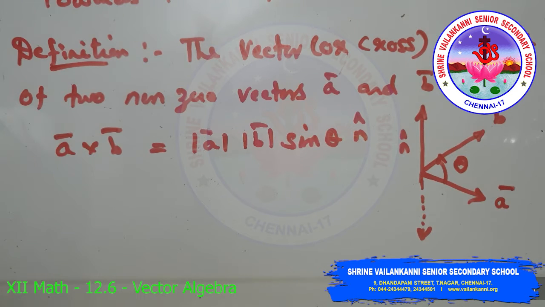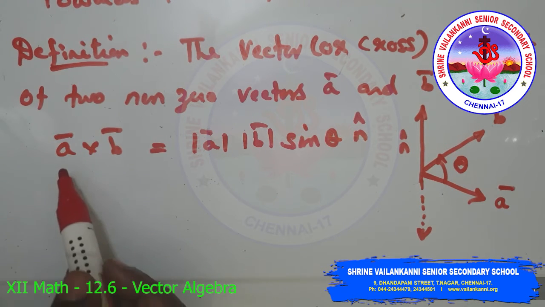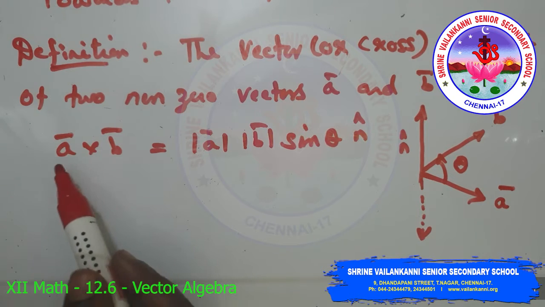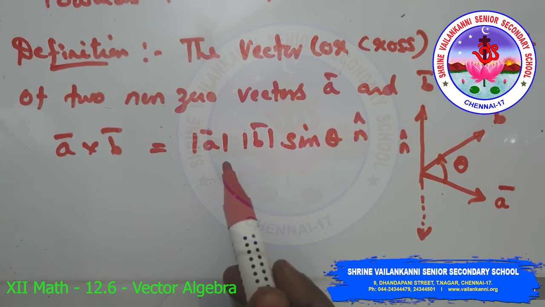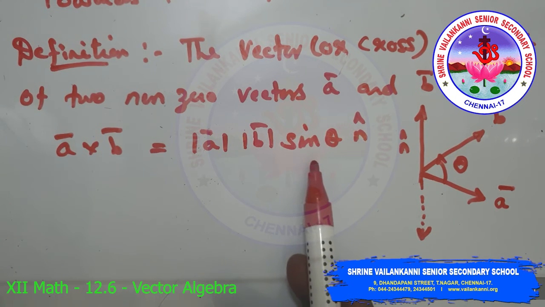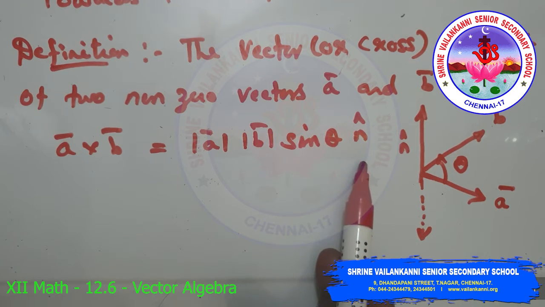So, the definition of vector or cross product. The vector or cross product of two non-zero vectors a and b, which is denoted by a cross b, is equal to magnitude of a into b sine theta into n cap.